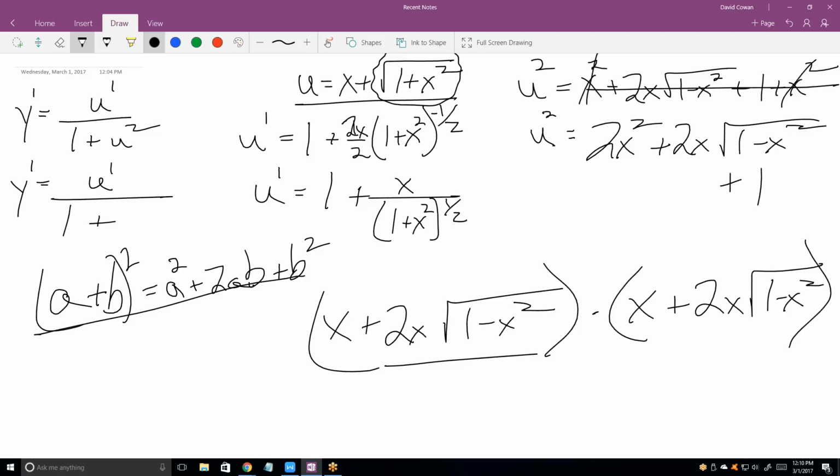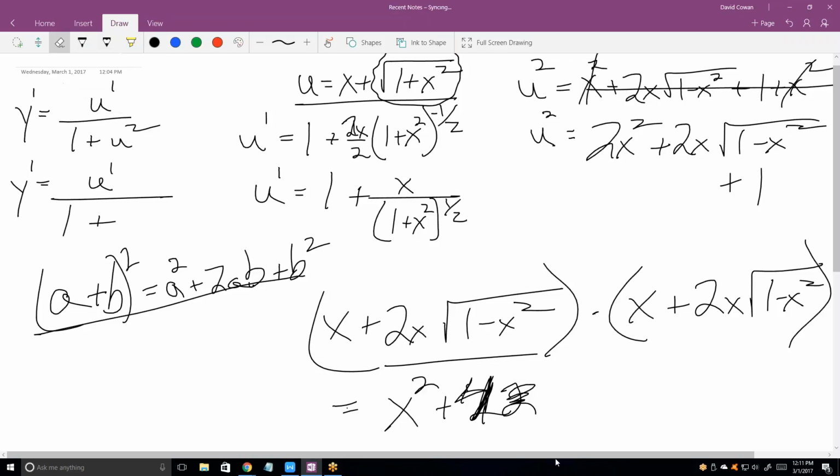So my answer is a squared, which is x squared, plus 2, you're right, I left off a 2, plus 2 times a times b. Well, that would be 4 a times b is... excuse me, I should have done it like this in the first place.